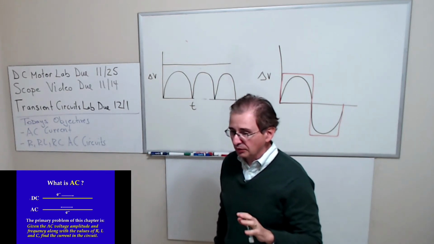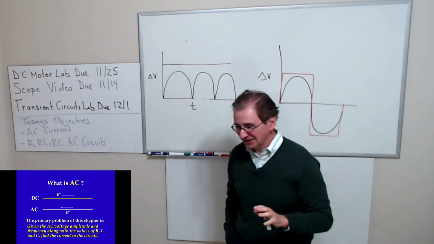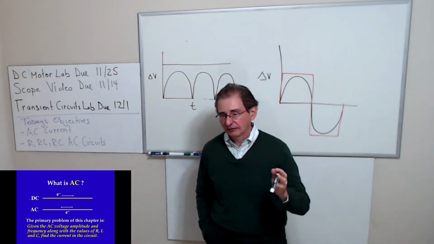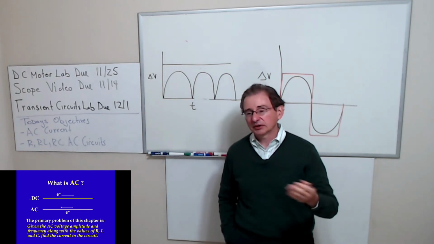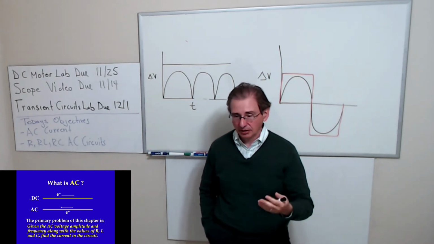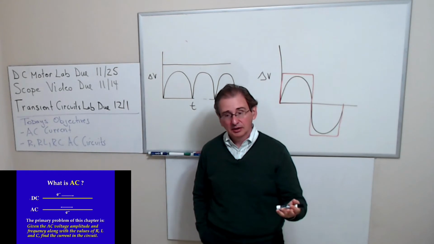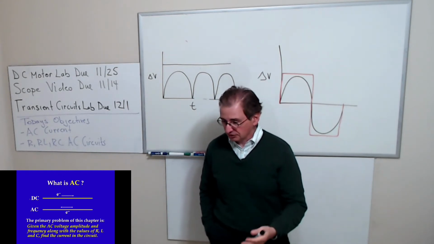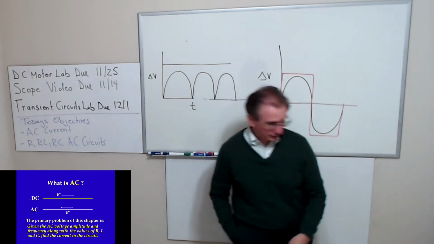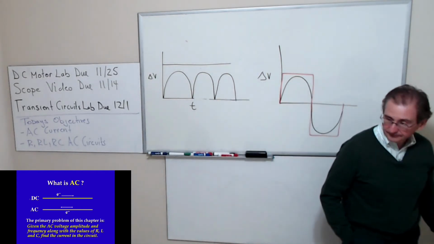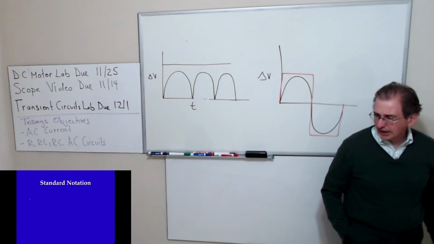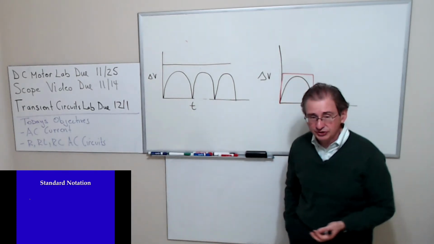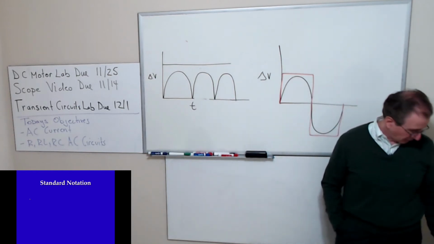We're not going to do problems involving Kirchhoff's laws with AC circuits. They tend to be a little more difficult, and you have the background to do them, but we just don't have time. Those of you who take Engineering 17 will cover those kinds of circuits. So I need to introduce to you some standard notation that we will be using when we cover AC circuits.